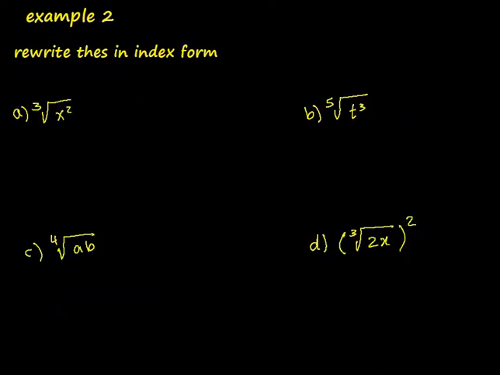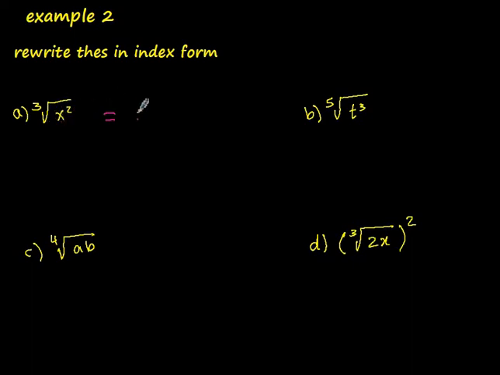In this example, guys, we have something different. We have already been given the expression in this radical form, and you need to rewrite it in index form. So since we have this root, think about a fractional power.